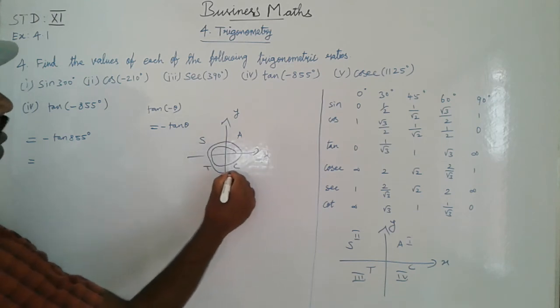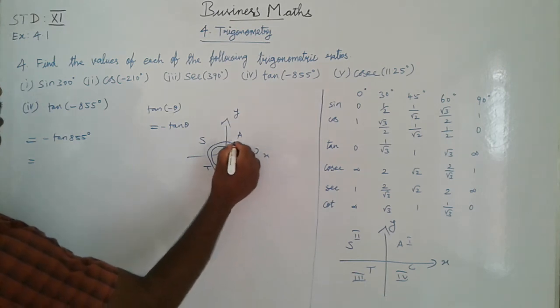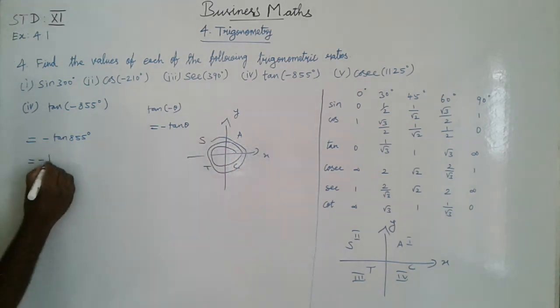Next 360 plus 360 is 720. So after that, 855 leaves 135.